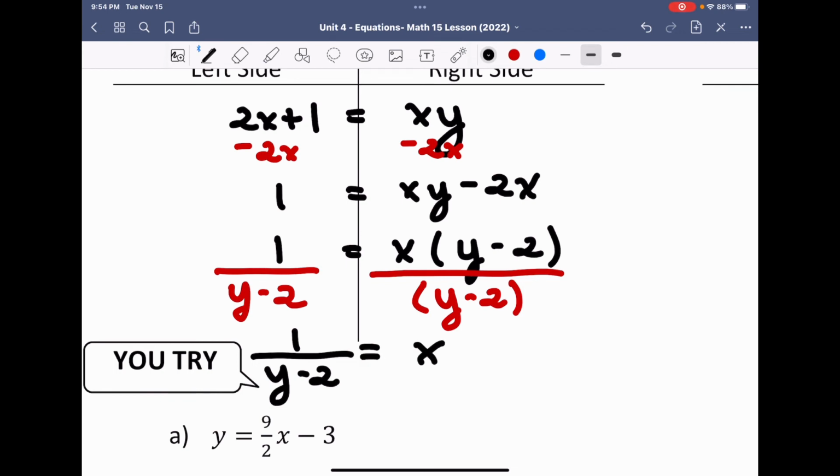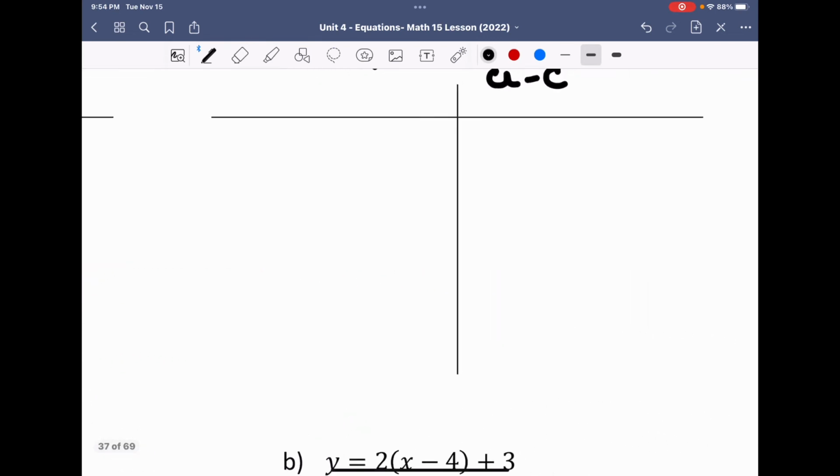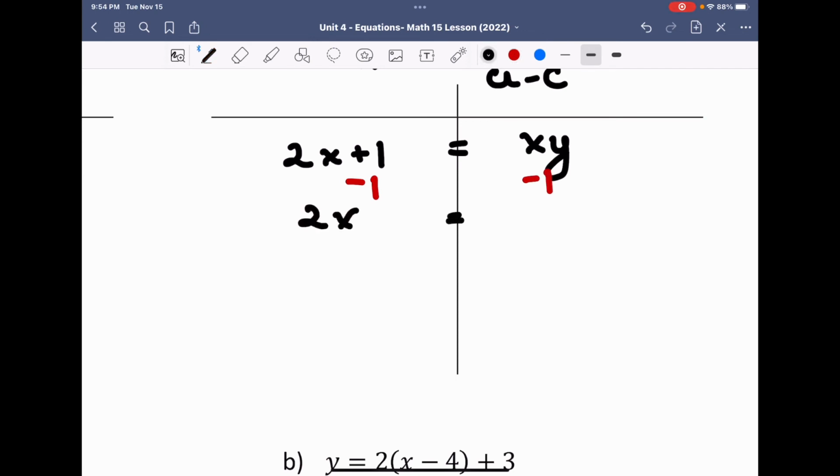All right, let's see another way we could have solved this, because we subtracted the 2x to the other side and solved it that way and got this solution. But instead, what if I subtracted the 1 across and then moved the xy to the left? Here's what I mean by that. What if we start with 2x plus 1 is equal to xy? I subtract the 1 from both sides instead of the 2x. That leaves me with 2x is equal to xy minus 1.